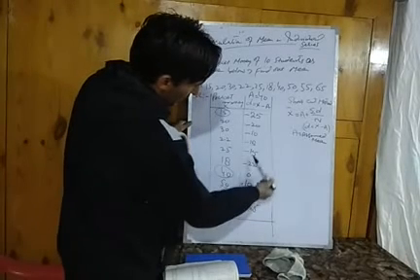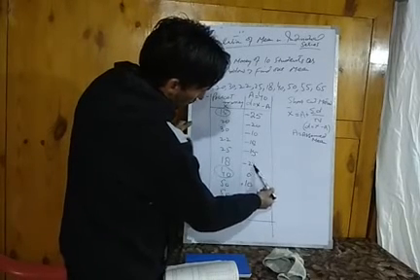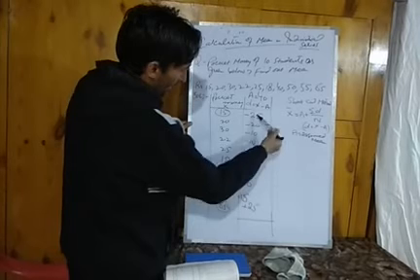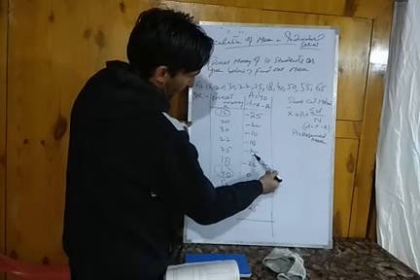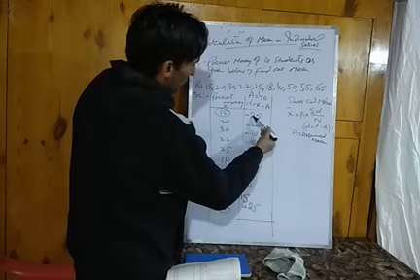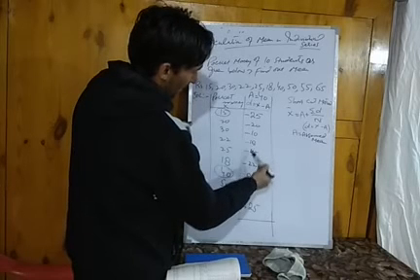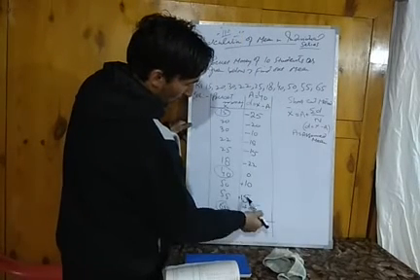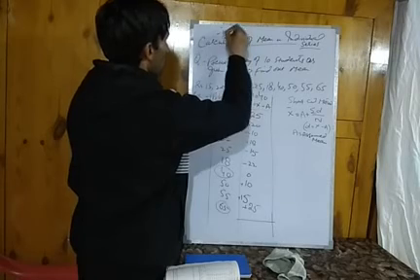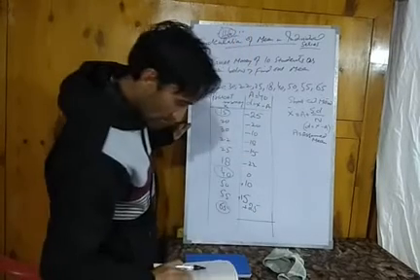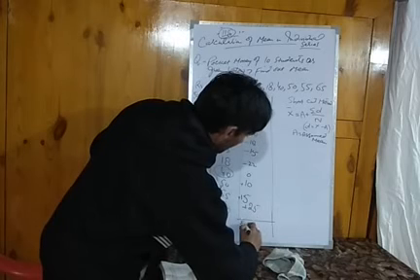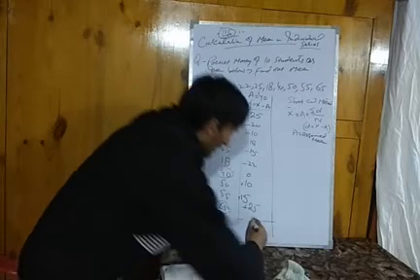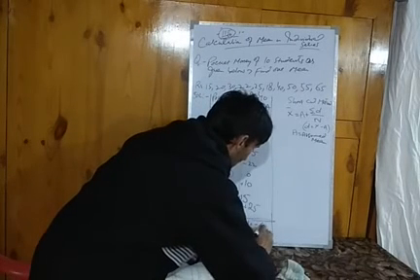The negative values come to minus 110 and the positive values come to 50. So here it comes to minus 60. Summation of D is equal to minus 60.